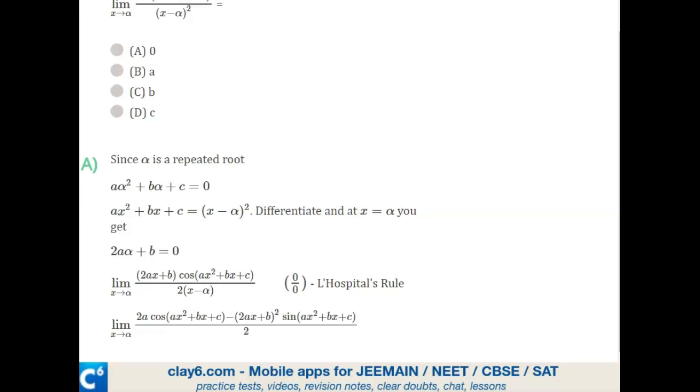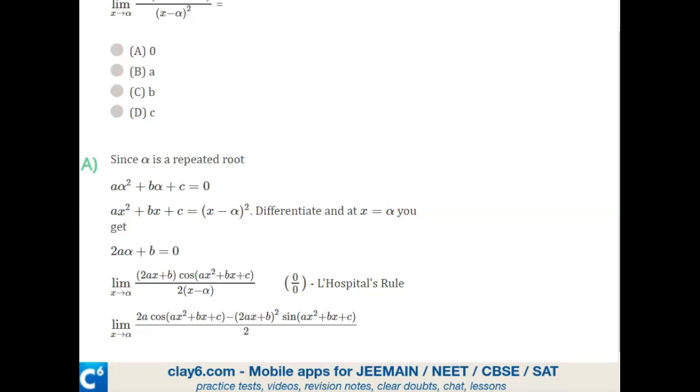you should do certain things by mind. Like, all right, so I differentiated uv. I did du by dx times v. So I kept cos of ax squared plus bx plus c and differentiated 2ax plus b and got 2a. Fine. Now I'm going to differentiate the second term, which is u dv.